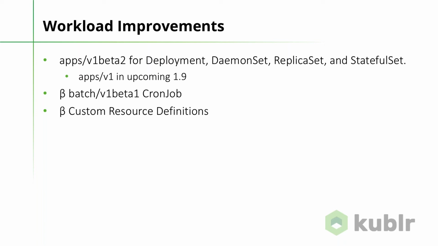Okay, workload improvements. This is what a lot of people waited for, actually. In the previous version, apps: we had pods, then we had replication controllers that are currently deprecated, and now we have replica sets and deployments.